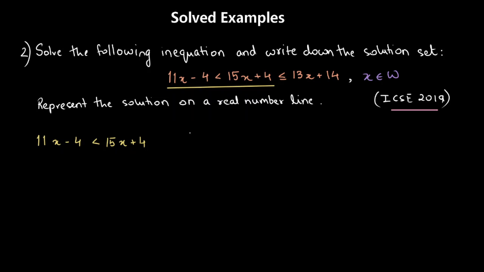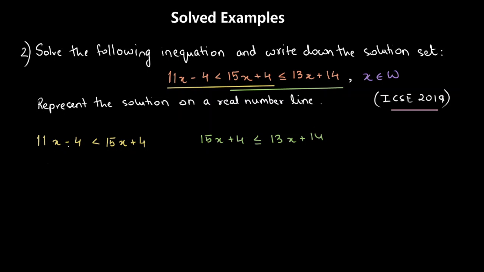And the second part that we're going to consider will be this second inequality, so from here to here, which is 15x plus 4 less than or equal to 13x plus 14. All right.